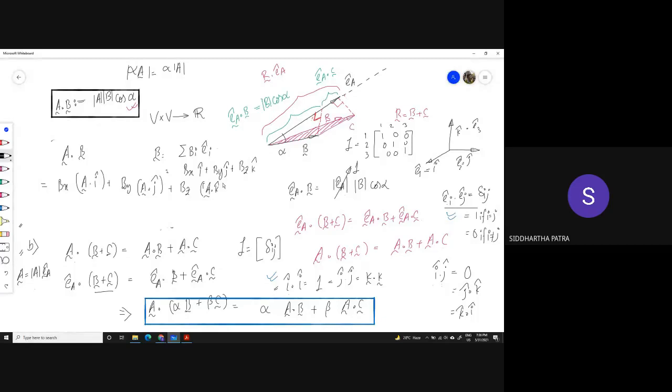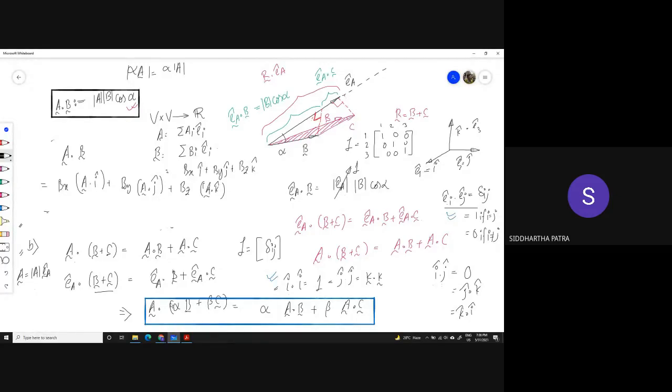Okay, and then I can use the same linearity of the dot product. This time I'll be expressing A as the summation a_i e_i, and then taking the dot product with each of the unit vectors.